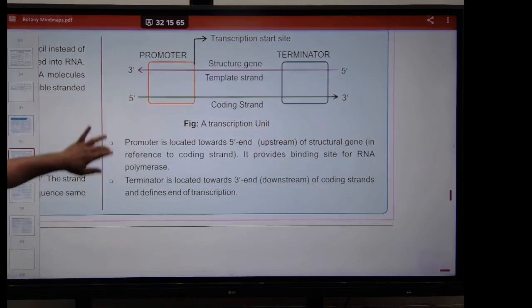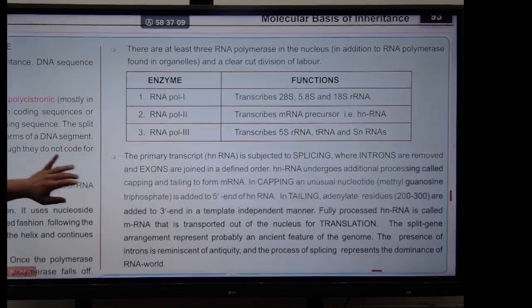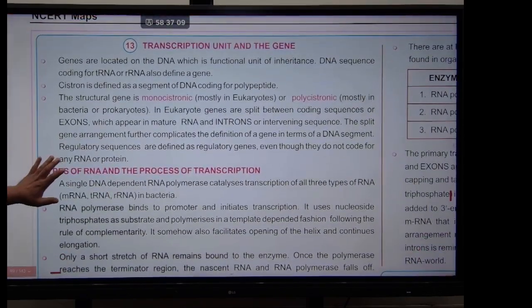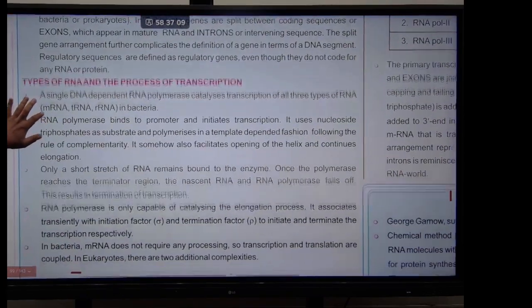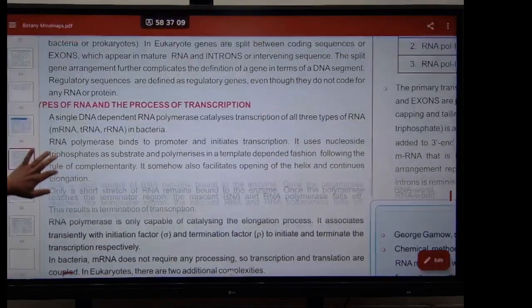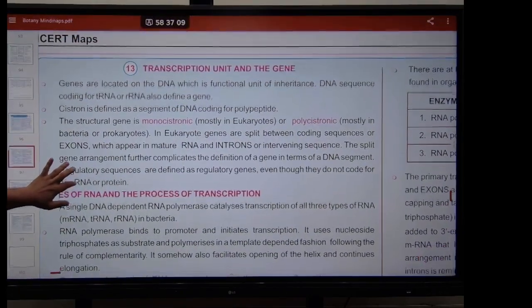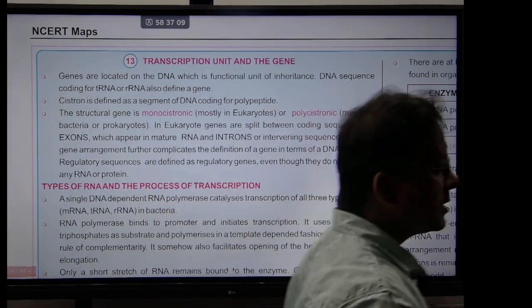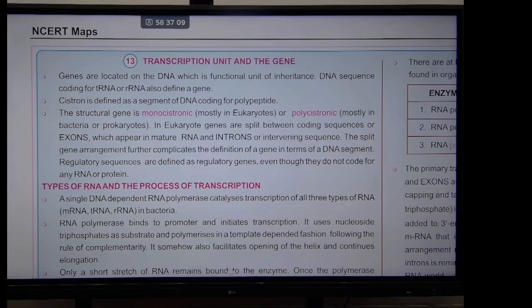Right? Now, to understand this one, we need to know something here. Genes are located on the DNA, which is the functional unit of inheritance, which means it carries the genes which are transferred from one generation to the next generation.